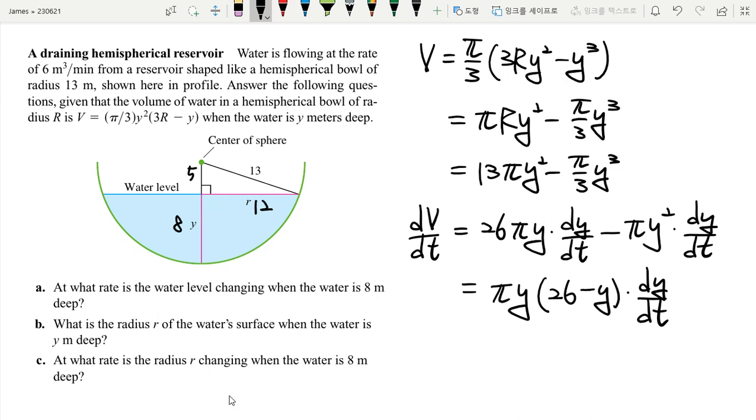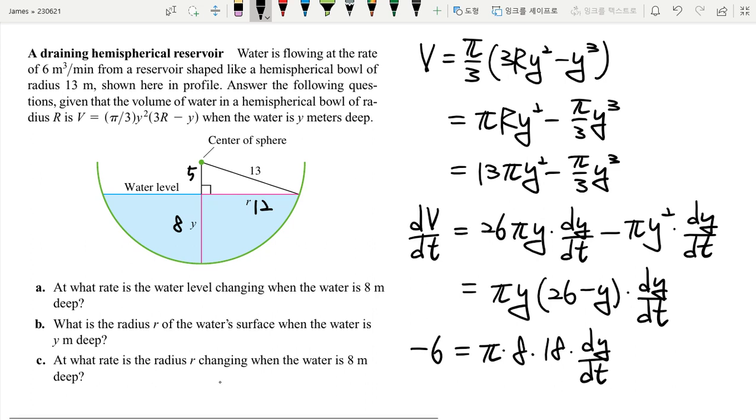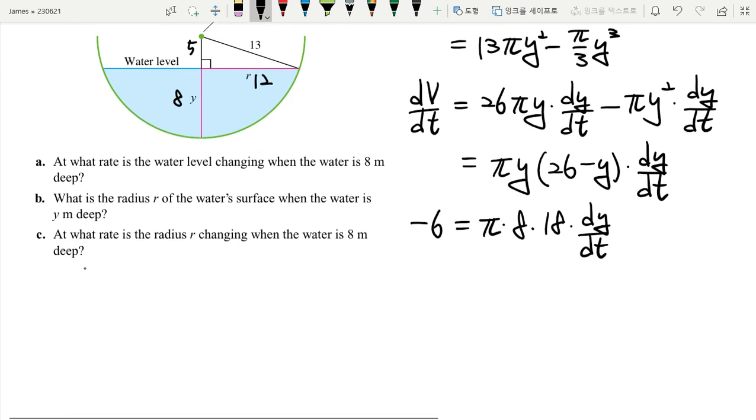And in the problem, dV over dt is minus 6, and the value of y is 8. dy over dt is, am I right?